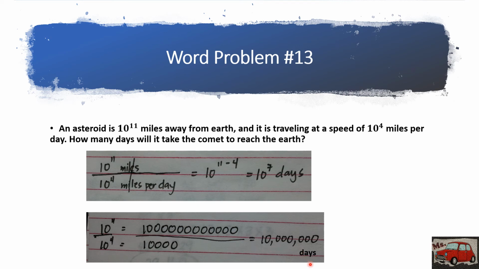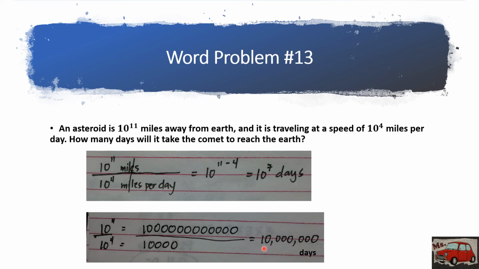Alright? So, shortcut, if you're gonna divide numbers na puro 0 lang naman, cancel out mo lang yung 0 nila na parehas. Then, yung matitira lang din is yan yung answer. So, may natirang 7, 0. So, 10 million days bago ma-reach ng comet yung Earth.